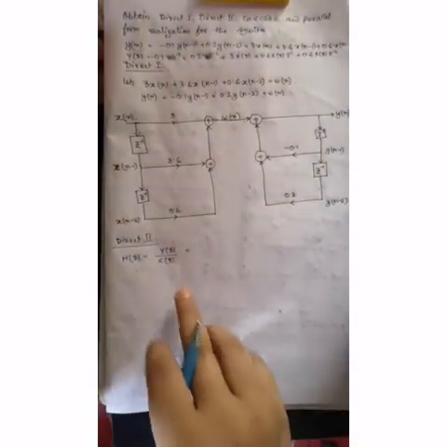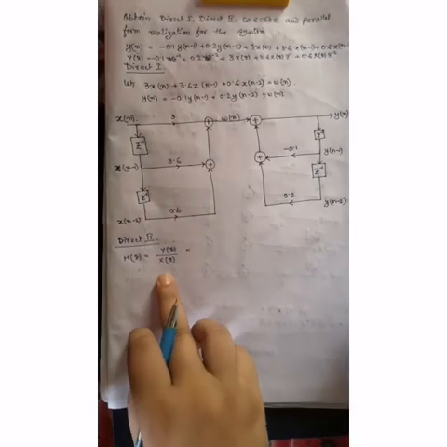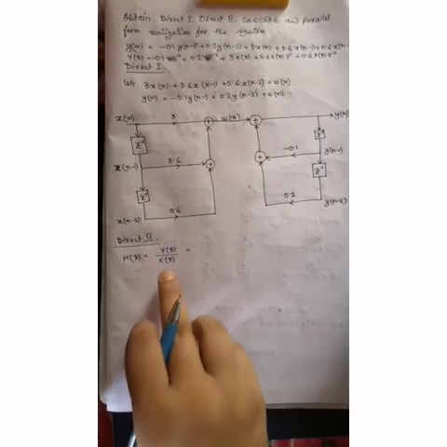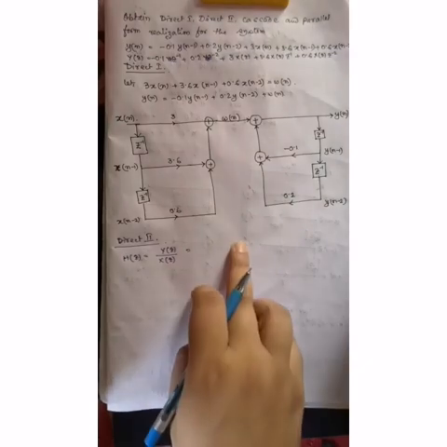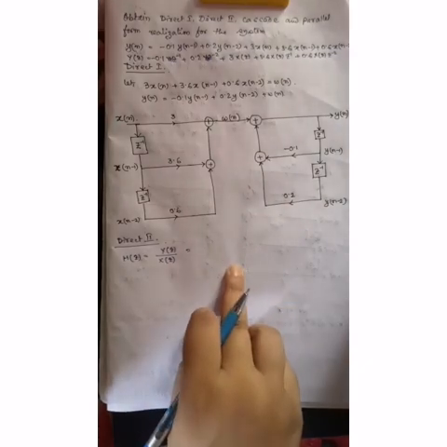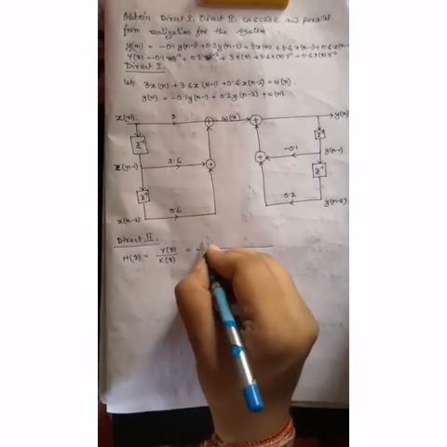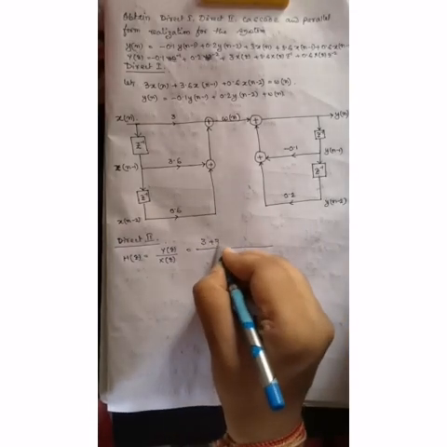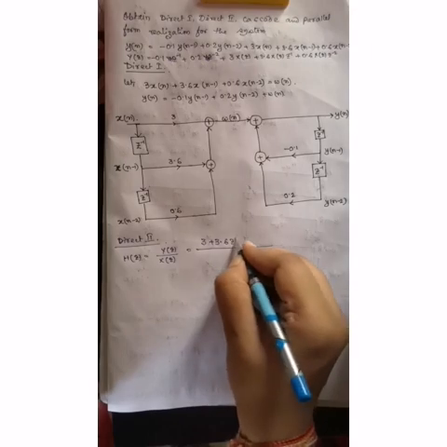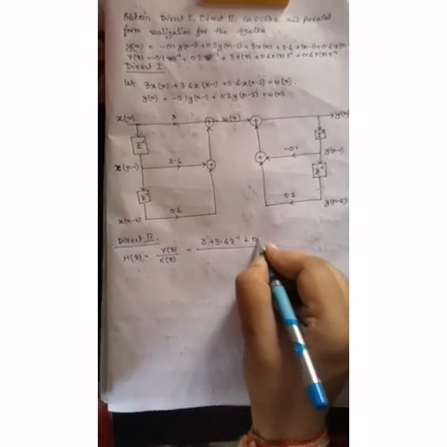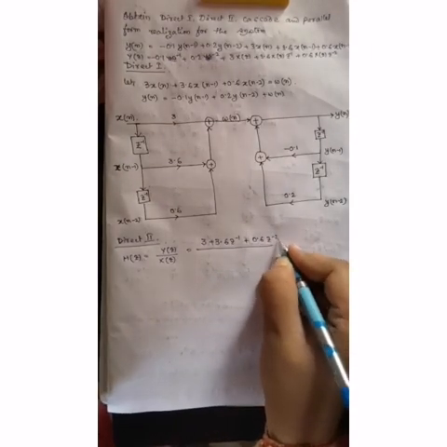So we can write that H(z) is equal to the coefficient of Y by the coefficient of X. As you can see, there is a Y by X. The coefficient of X is 3 plus 3.6 z to the power minus 1 plus 0.6 z to the power minus 2.